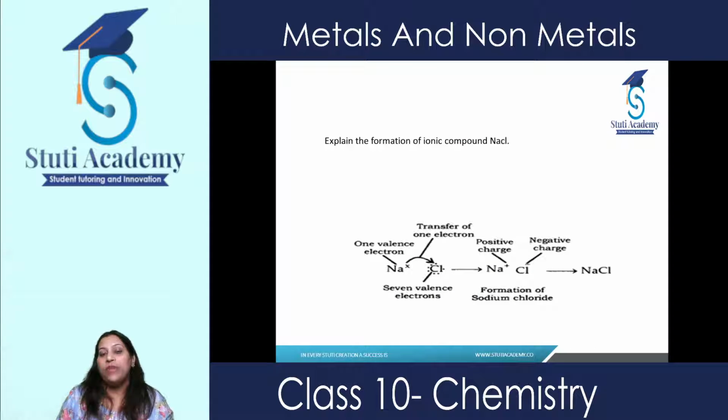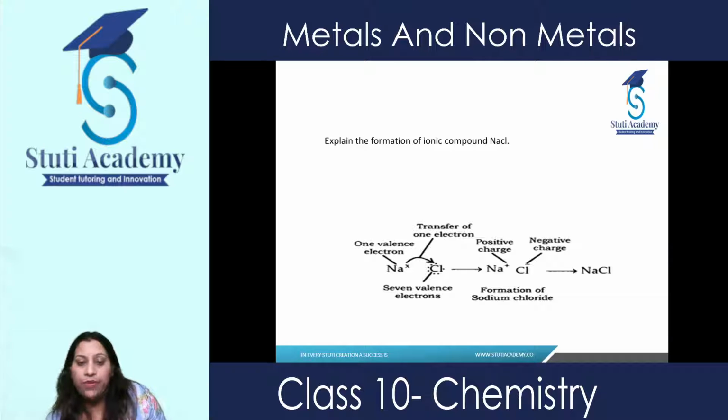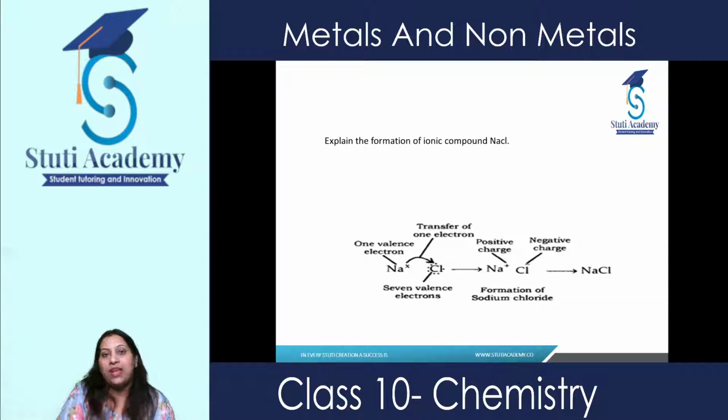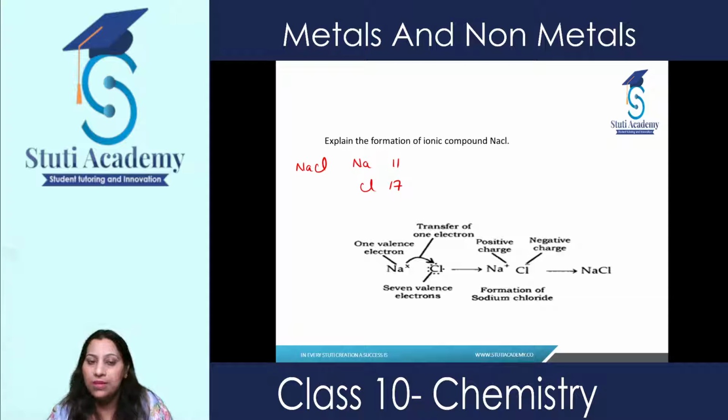Now explain the formation of ionic compound NaCl. See, if we are saying ionic compound NaCl, first of all, you need to know the atomic number of Na, which is 11, and chlorine is 17. So it is 2, 8, 1 and 2, 8, 7.